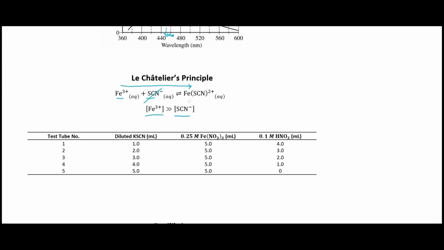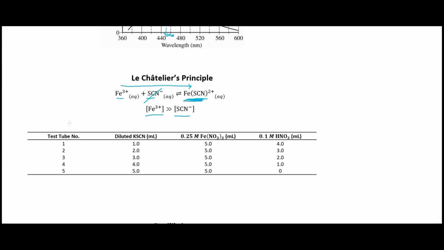And so we end up with this. And since we know how much of the thiocyanate we put in, and we know that all of it is used up, we will know the concentration of this right here. And so we will know the concentration of it, and we'll know the absorbance from the spectrophotometer. And so we can use that to actually calculate our equilibrium constant.